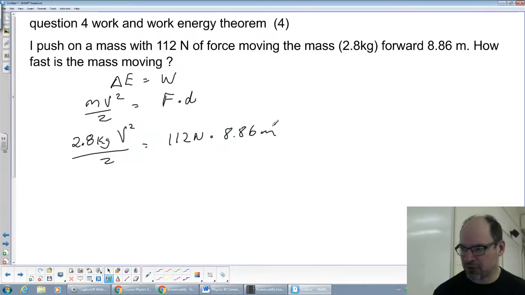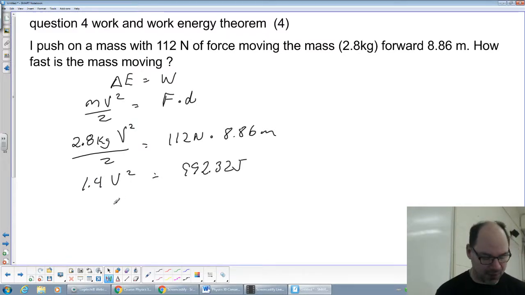If I multiply those two on this side, I get 992.32 joules. On this side I have to divide to get 1.4 v squared.